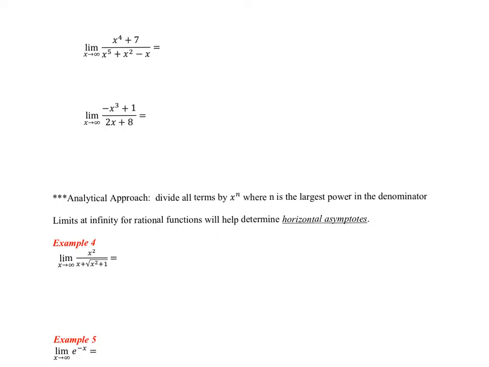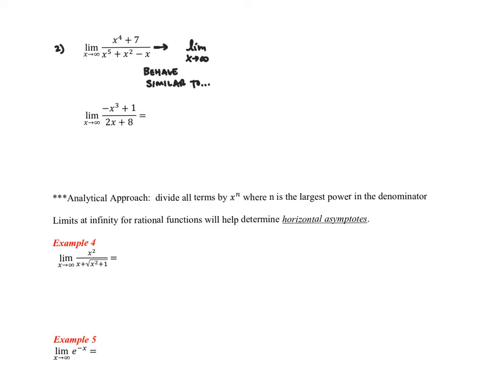All right, looking at this second example, let me number it 2. We'll see that this function, as x goes to infinity, will behave very similarly to the function... Of course, I can get rid of anything that will be insignificant in the long run.